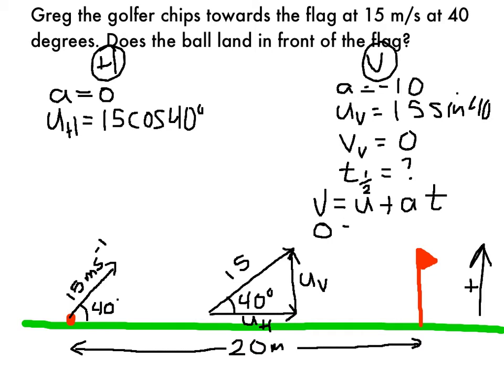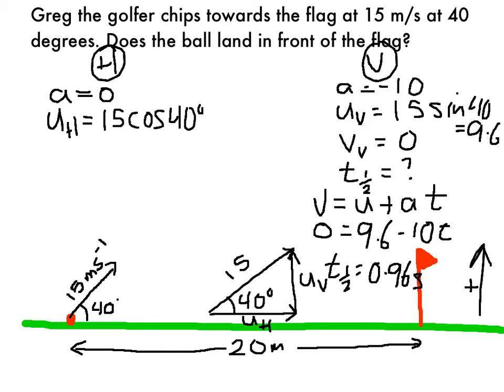So 0 equals 15 sin 40, which is 9.6, minus 10t. And so t, which is only for half of the flight, equals 0.96 seconds.